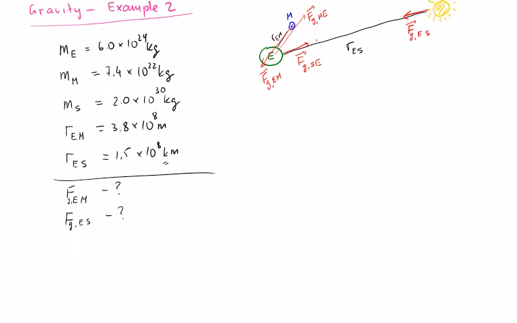According to the universal gravitational law, F gravity equals G m1 m2 over r squared, the r between them. Now we want to find the force between Earth and the moon.